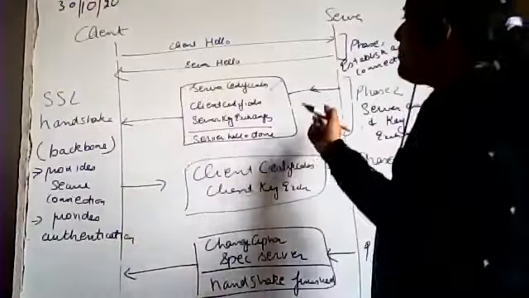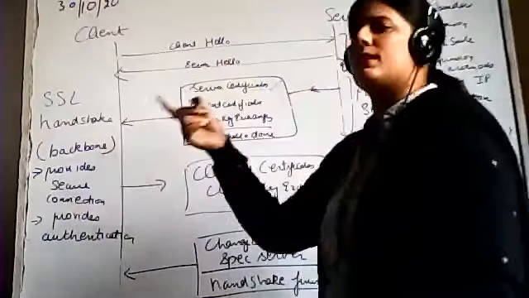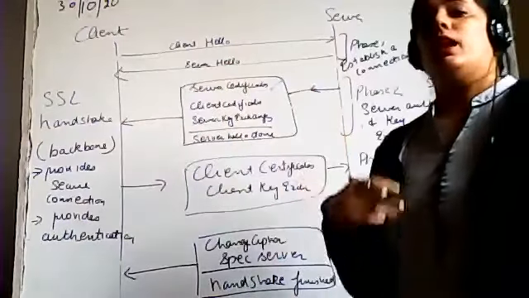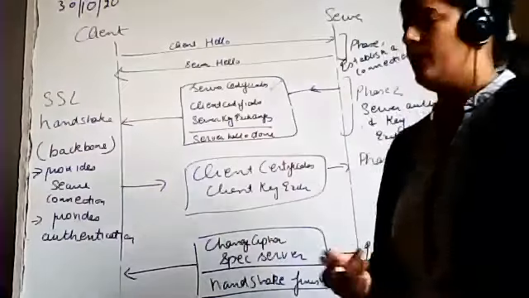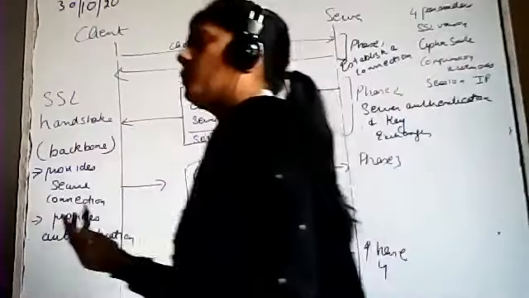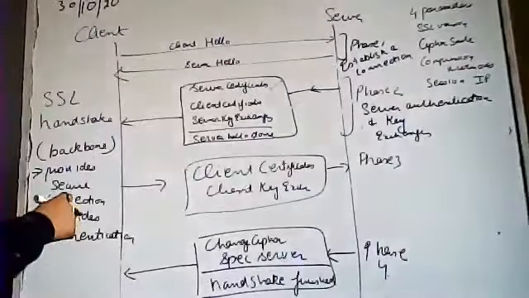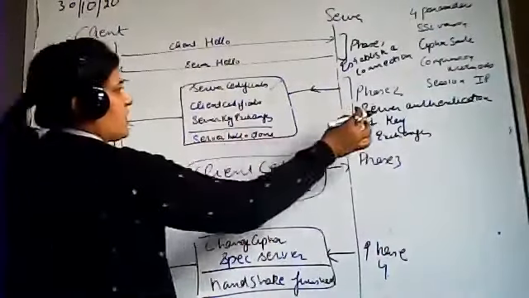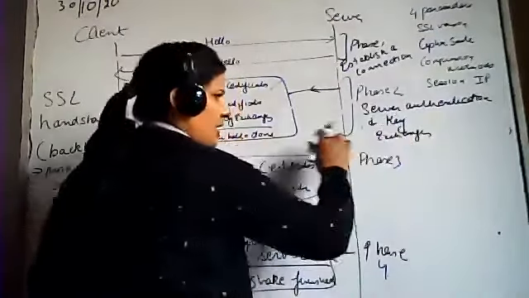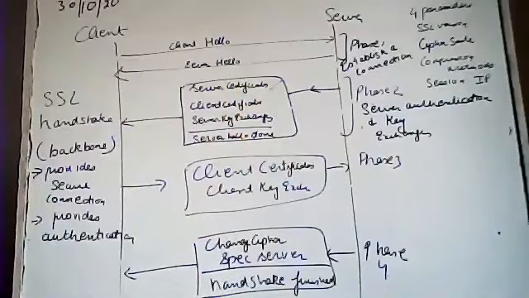But at the same time it will request the client also to authenticate itself. So in this particular mode, we have server authentication and key exchanges. There is no role of the client over here, and the client will remain quiet during this phase.